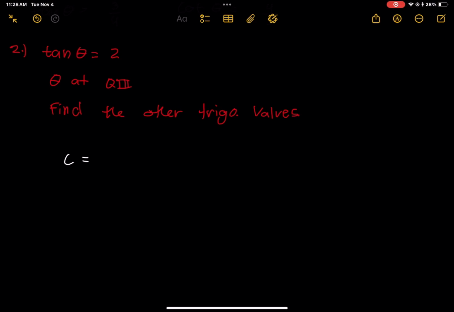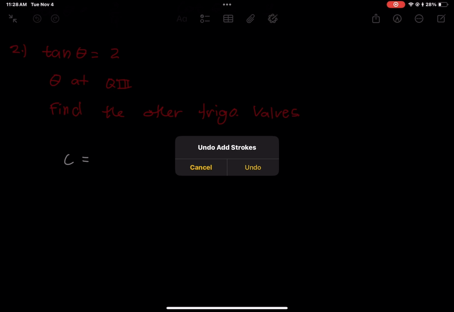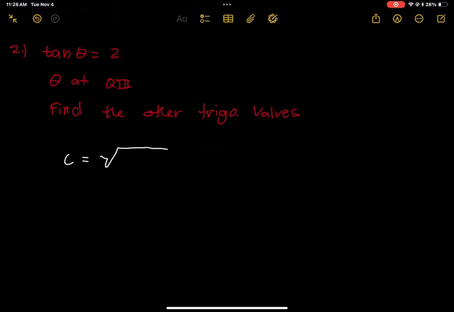C is equal to the square root of x squared plus y squared. Substituting the value, we have our tangent is y over x, and our value of tangent is 2 over 1.